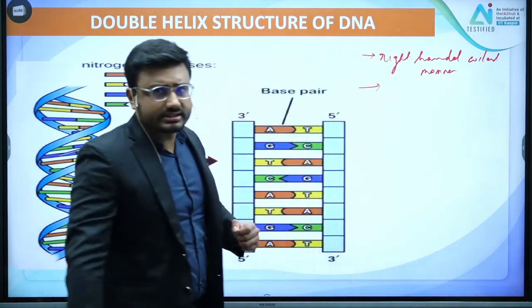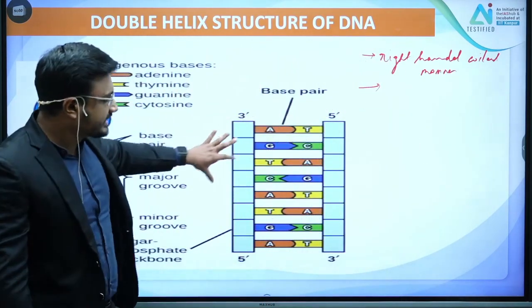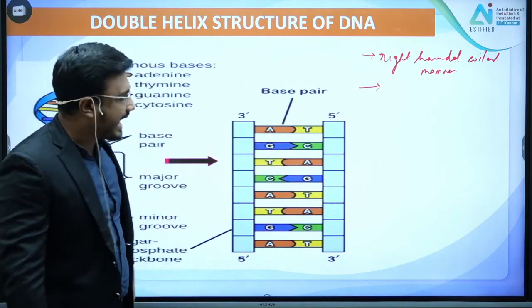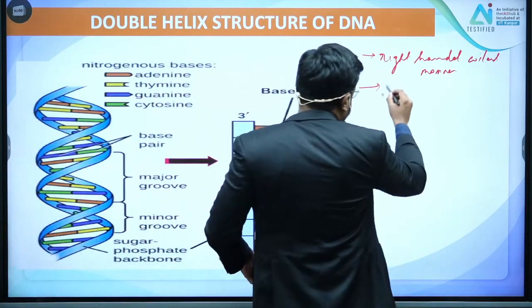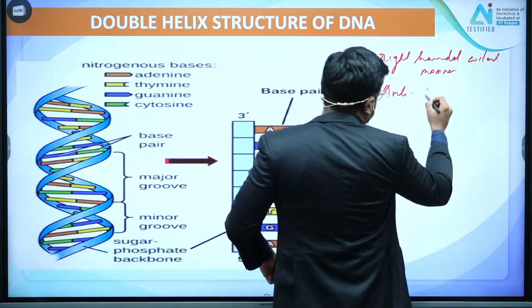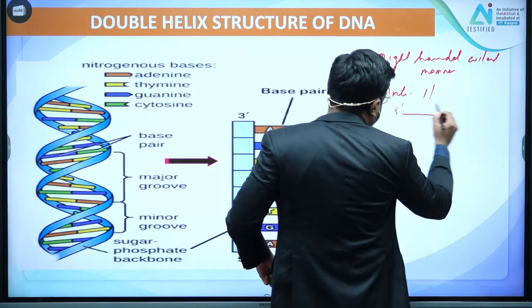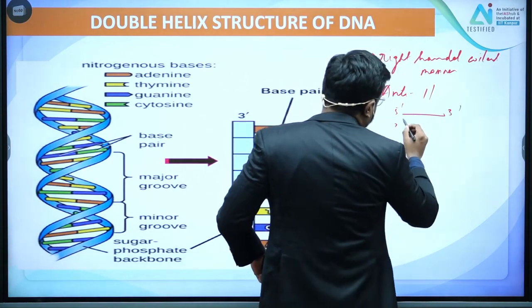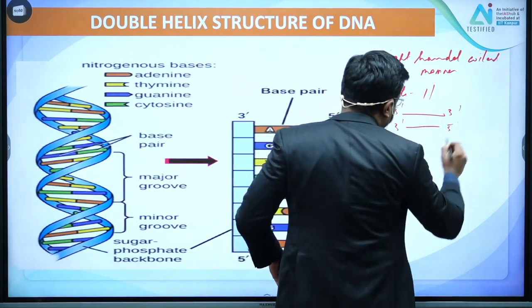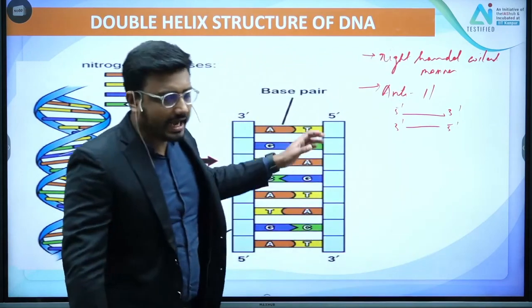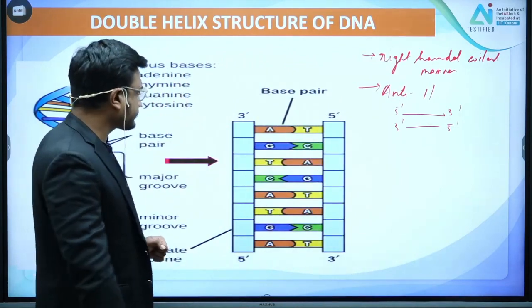The second salient feature is that both the strands are anti-parallel to each other. By anti-parallel, it means that if one strand is 5 prime to 3 prime, the other strand would be 3 prime to 5 prime.